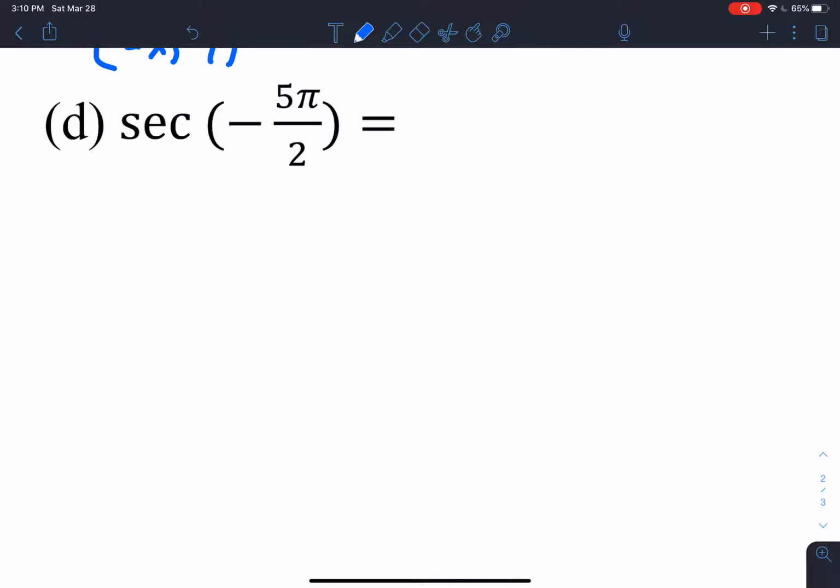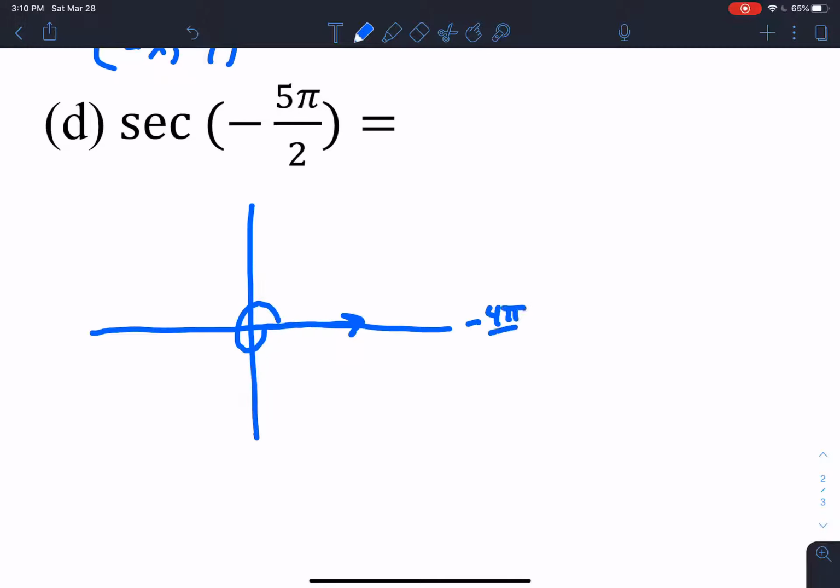Okay, so secant of negative 5 pi over 2. All right, so you just got to figure out where does negative 5 pi over 2 go. Okay, so if you go one time around, that's negative 4 pi over 2, or 2 pi, right? And then how much more do you have to go? You have another pi over 2 to go, right? So that's going to be right here.